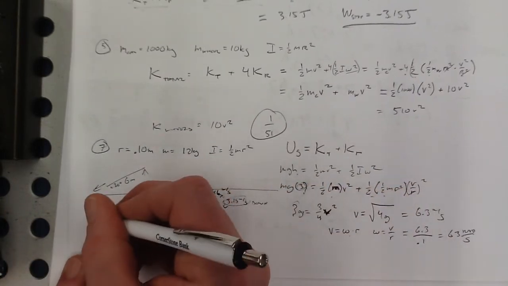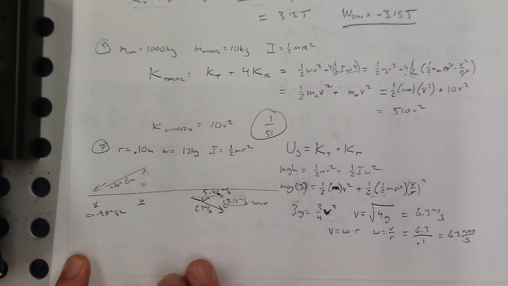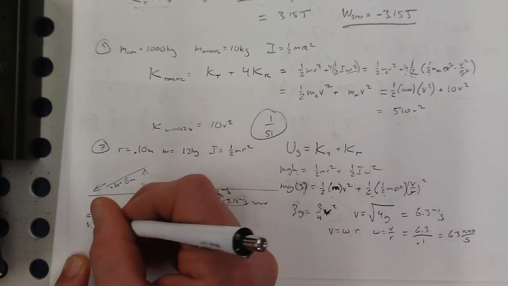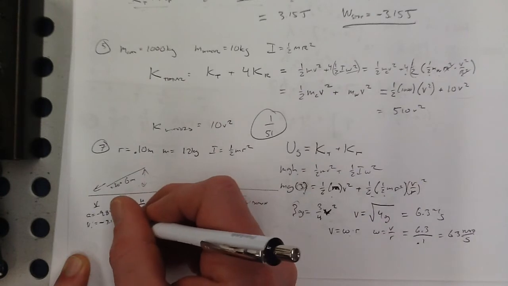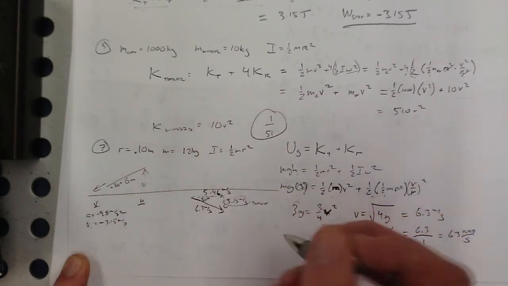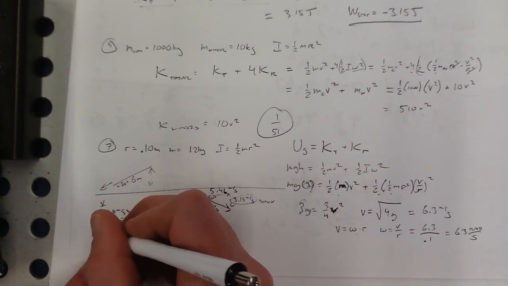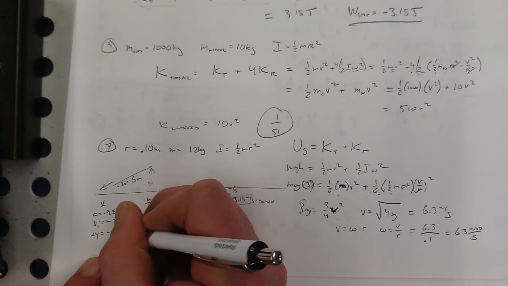So in the vertical direction, I have an acceleration of negative 9.8 meters per second squared. I have an initial velocity in the down direction of 3.15 meters per second. Final velocity I don't care about, and I'm not looking for it either. The delta y is 5 meters in the down direction.